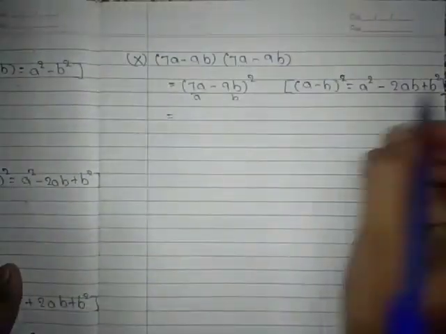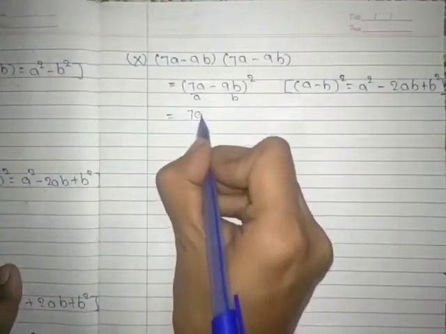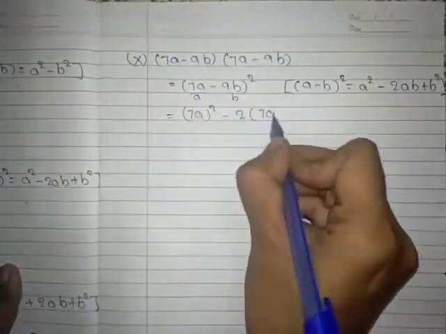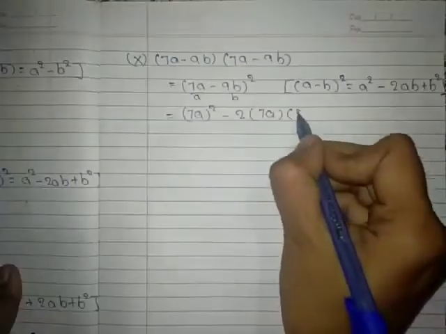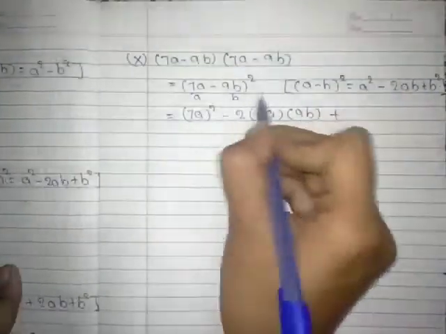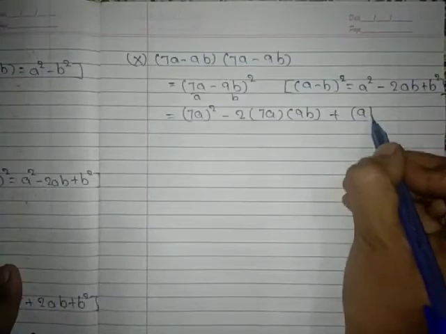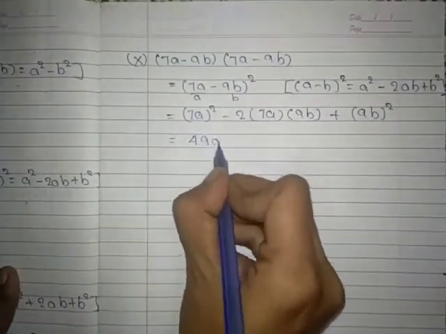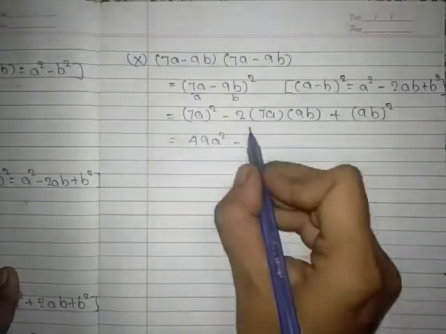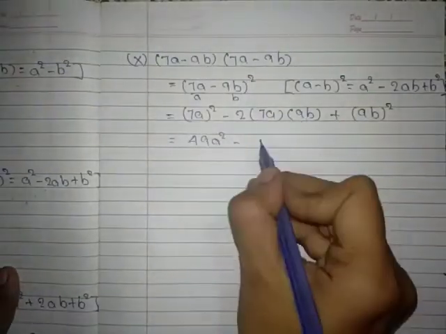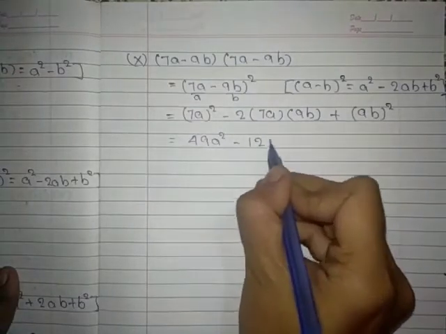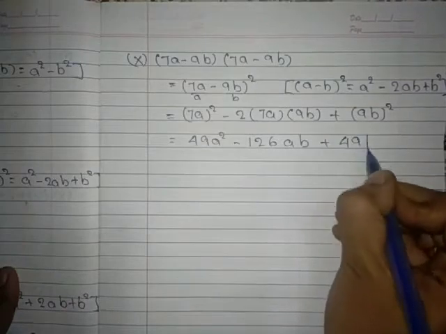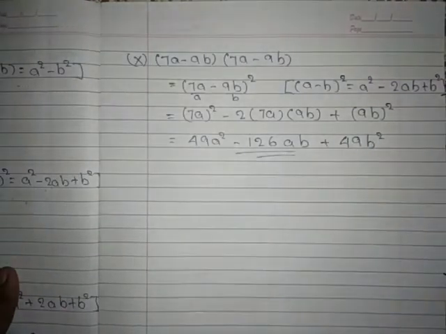So put it in this identity: a square, that is 7a the whole square, minus 2 multiplied by a, 7a, multiplied by b, that is 9b, plus b square. What is b here? 9b. So 9b the whole square. Now expand this: 7 7s are 49, 49a square minus 7 2s are 14, 14 multiplied by 9 is 126. So 126ab plus 9 square is 81b square. So this is our answer.